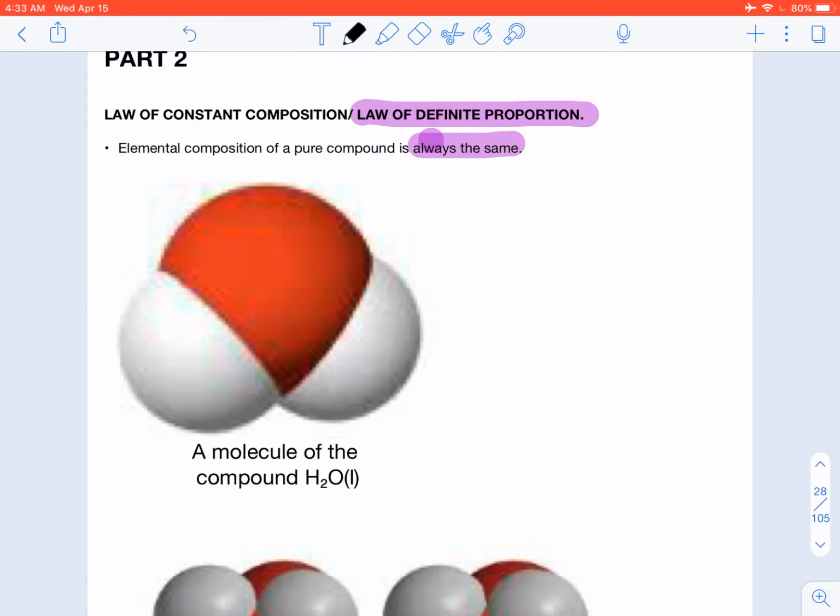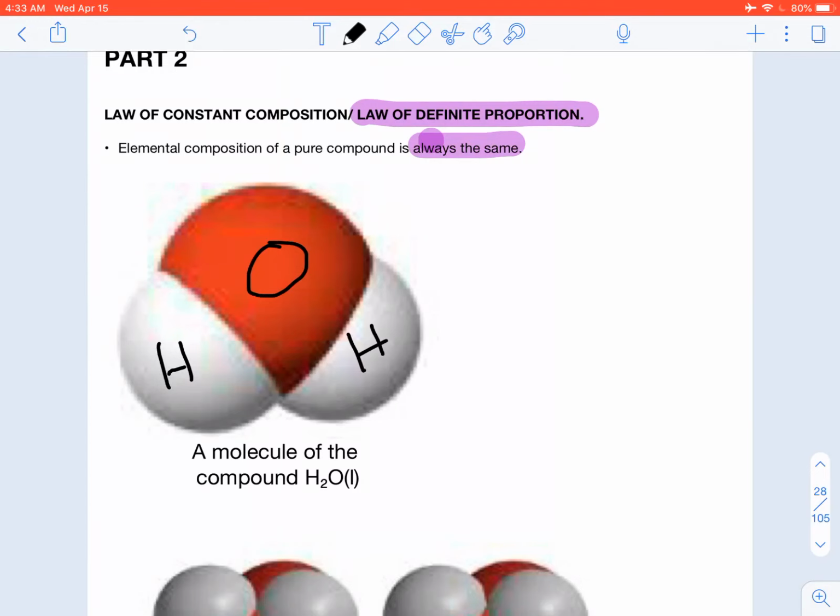Now, let's look at a molecule of the compound water. Now we know that the atomic mass unit is given in terms of U, right? So for this particular molecule, if we look at water, there's oxygen, that's hydrogen, and that's hydrogen.